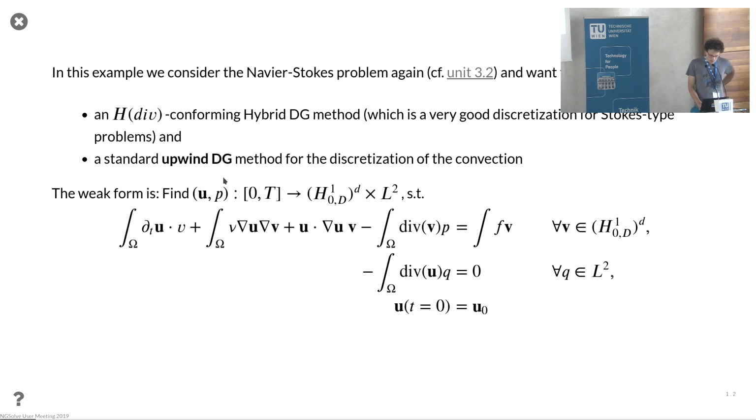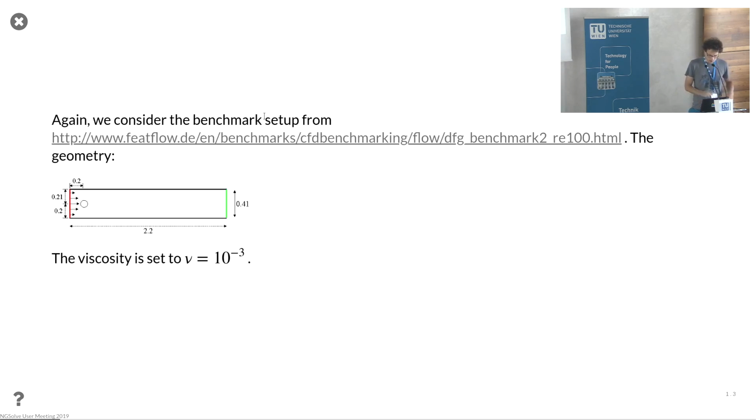So what we want to do is a DG formulation based on an H(div) conforming finite element space. I want to combine this with an upwinding with respect to the convection. And because we want to solve the linear systems for the Stokes part, we don't want to use a standard DG discretization, but as we learned before, doing something like an HDG discretization is cheaper. This is what we want to do in this tutorial here.